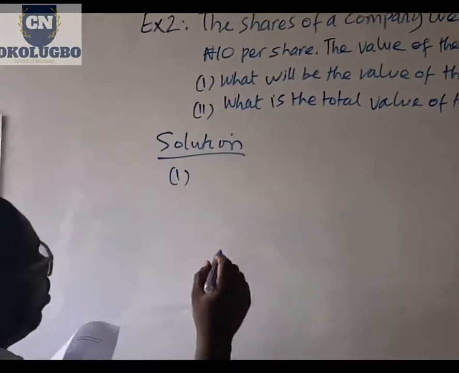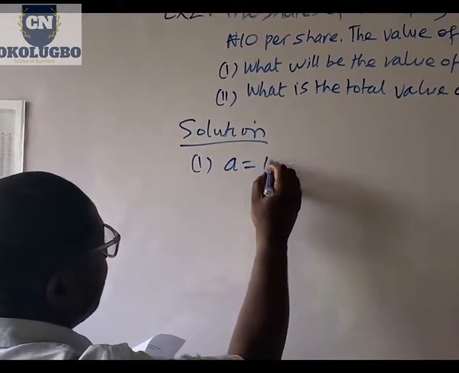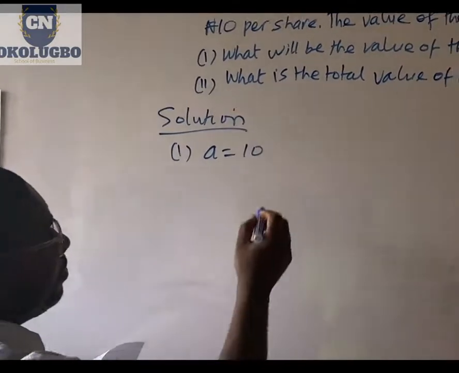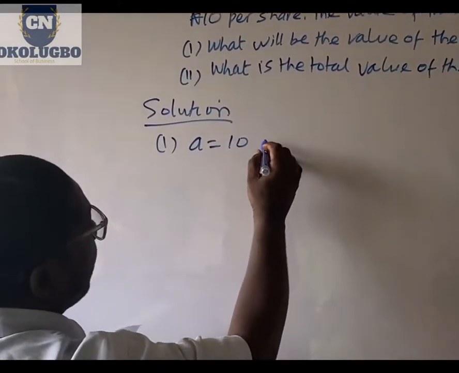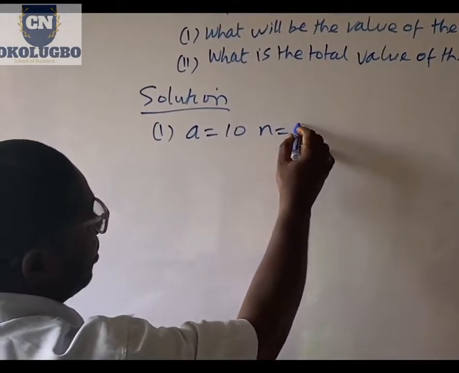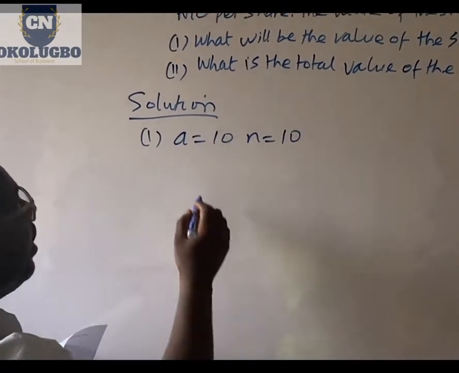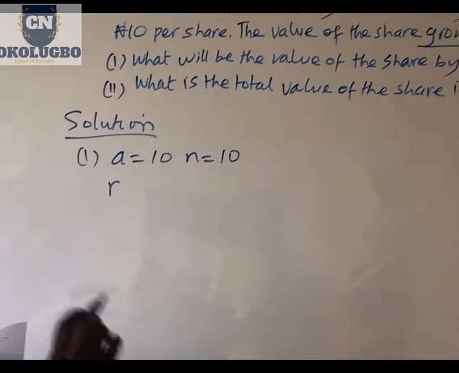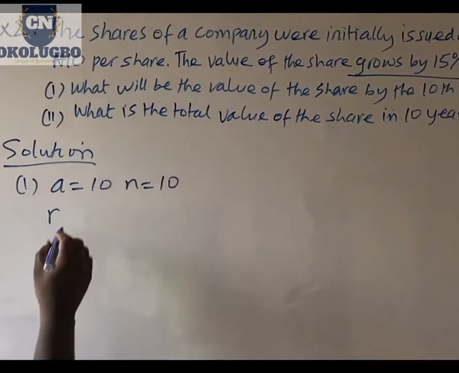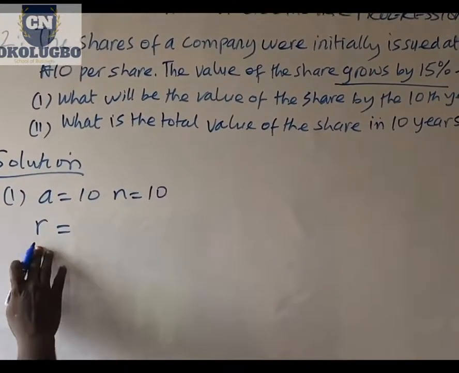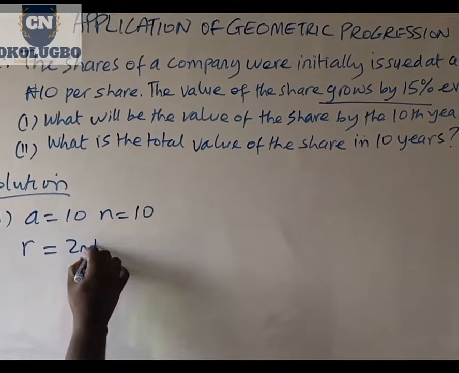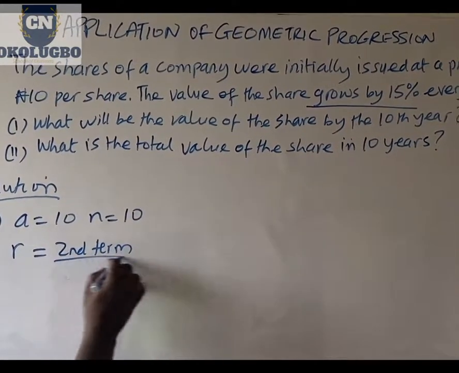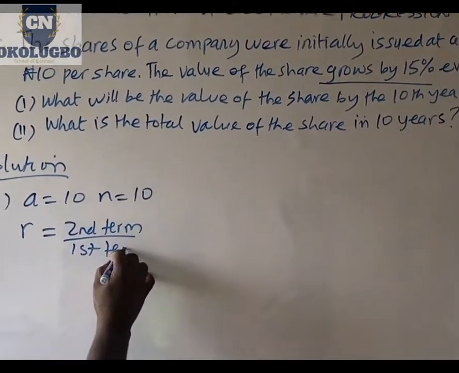Now from this question, A is 10 naira, n is 10, and then we need to know what r is. That's the rate or the ratio. We know that to get the rate or the ratio, it is the second term divided by the first term.